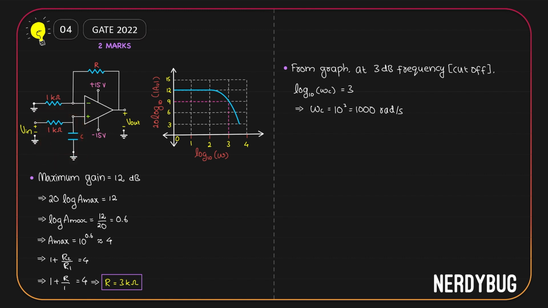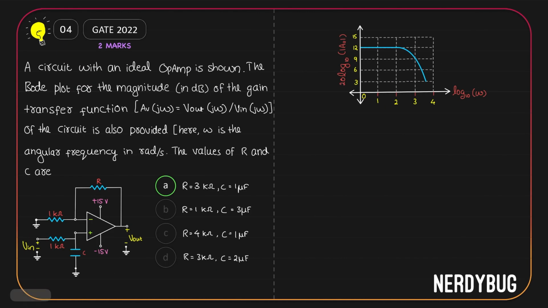It is a simple RC circuit, so the cutoff frequency is 1 by RC. Let us call this resistor R3. Then we can write omega c is actually 1 by R3C. R3 is 1 kilo ohm. Omega c is 1000 radian per second. So C will be 10 to the power minus 6 farad, or C is 1 microfarad. Option A is the correct answer.